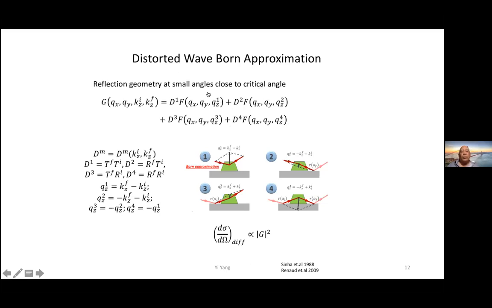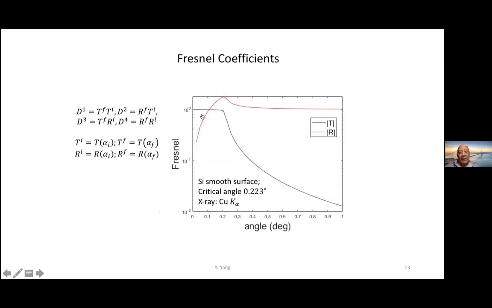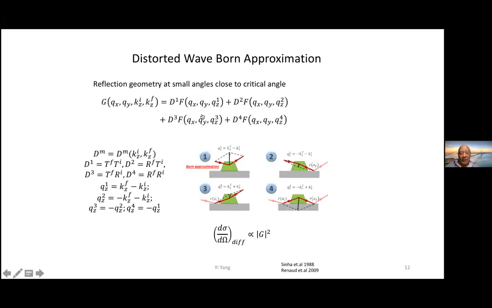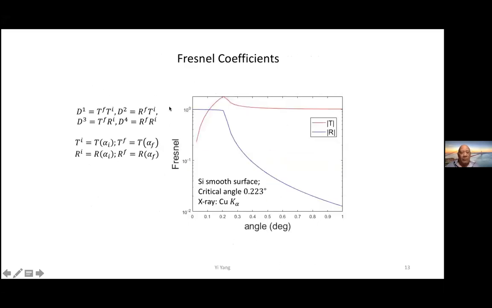And you actually need the phase of all these components, because this is the Fourier transform of the actual electron density. You need the phase of this thing and then be able to have it at all Q points and Fourier transform it back. And these coefficients are given in terms of the Fresnel coefficients for transmission and reflection at the interfaces.